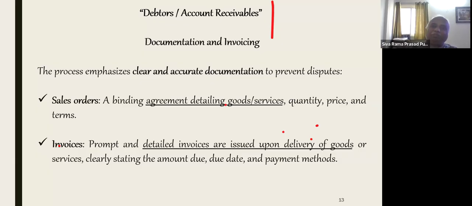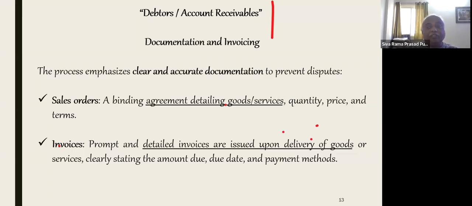to prevent disputes: the sale orders, a binding agreement detailing the goods or services, the quantity, the price and the terms; invoices. Once the goods are supplied, the type of good, the specification of the good, each unit and the price, and below, the seller's signature and the buyer's signature.